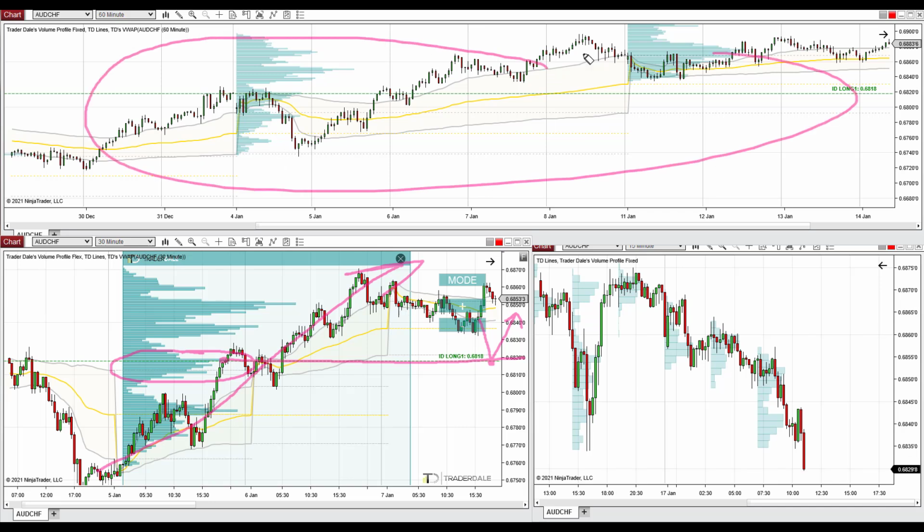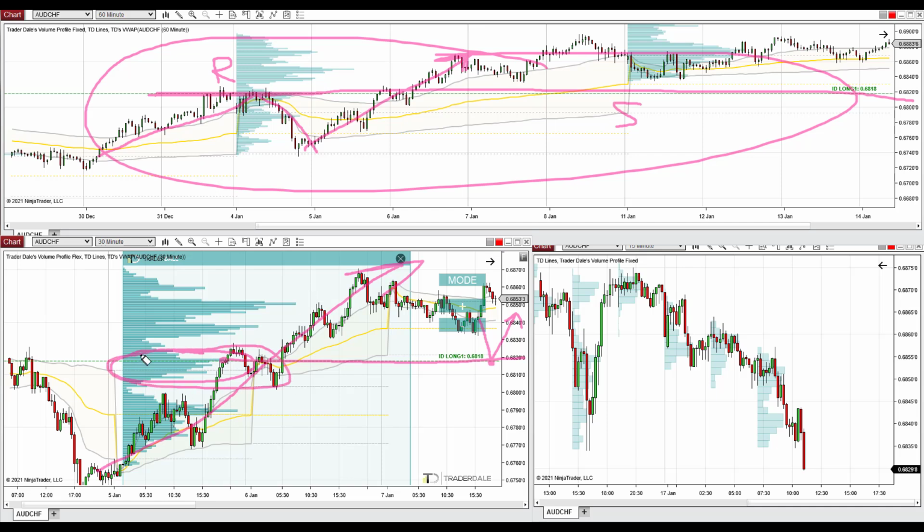If you look at this 60-minute chart again, then you can see that the price reacted to this area in the past in here. So this worked as a resistance, and when the price went past that resistance, it turned into a support. That's a price action setup, which I like to use as a confirmation to my volume-based setups.